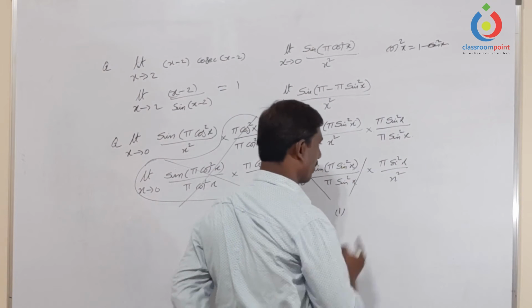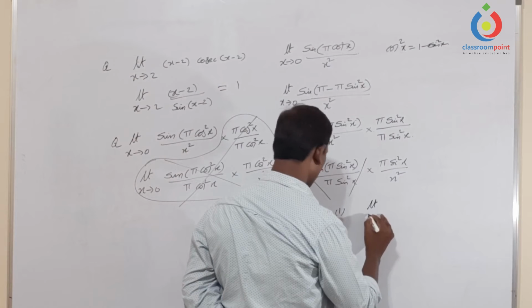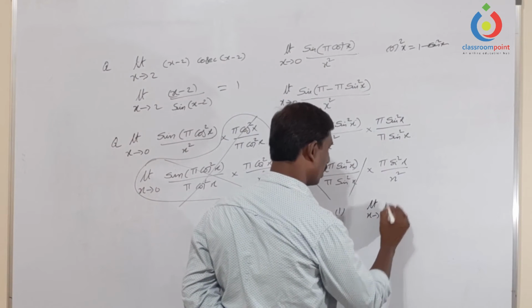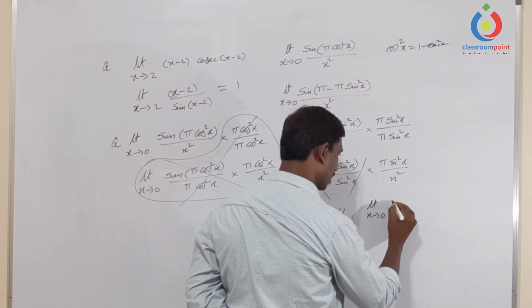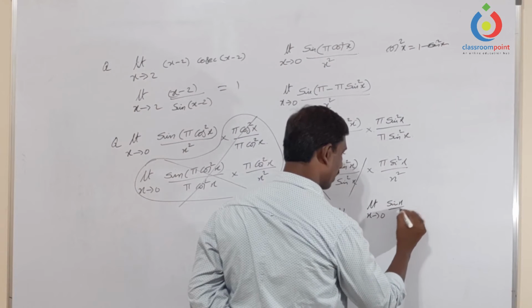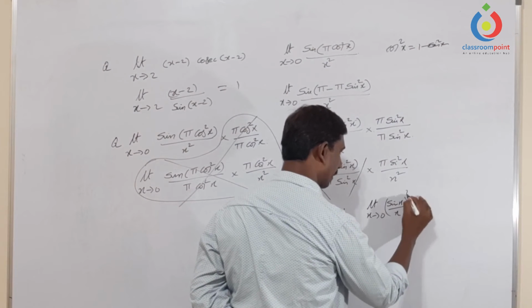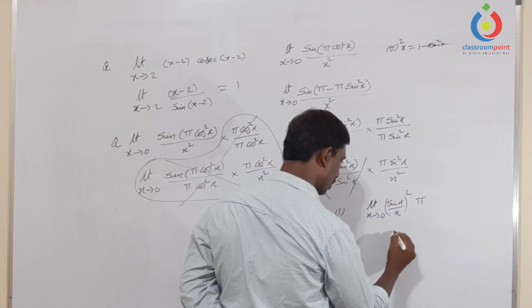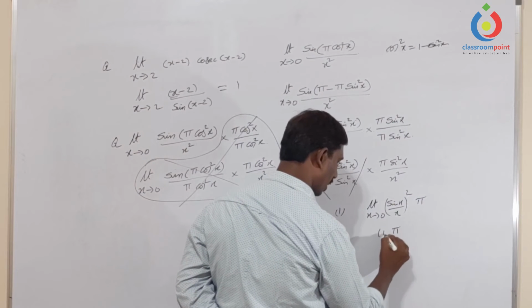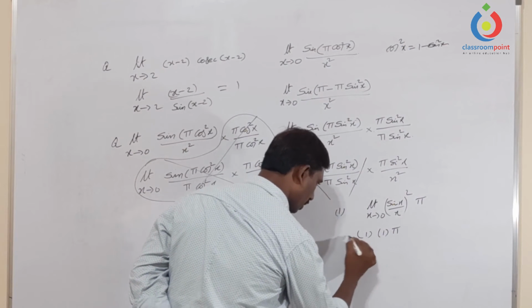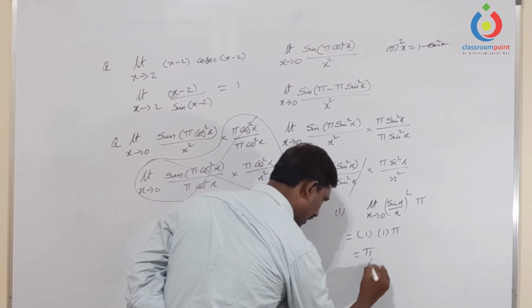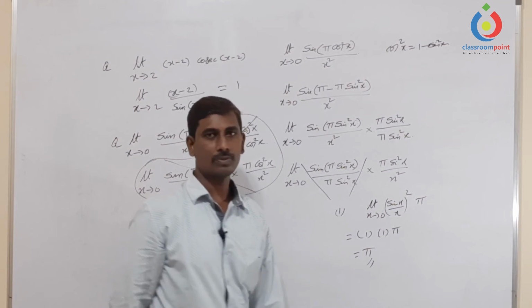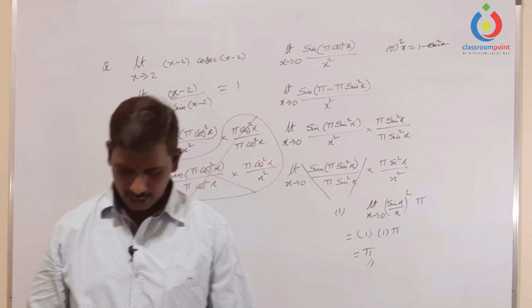Then what do we have remaining, sir? Limit x tends to 0, pi is the constant, keep it outside. So sin x by x whole square into pi. This is also equal to 1. So 1 into pi, that result pi is the answer. Right? Next one.